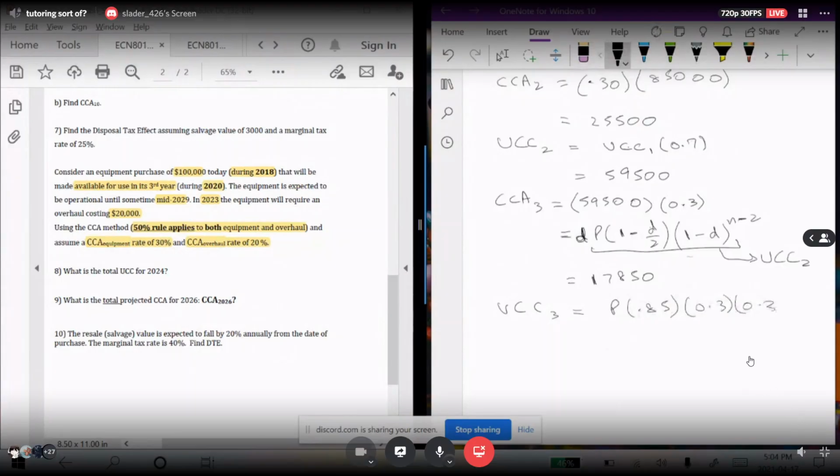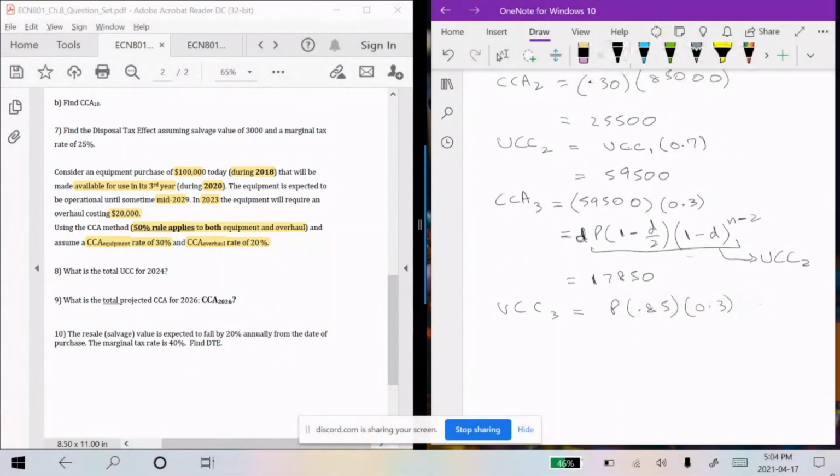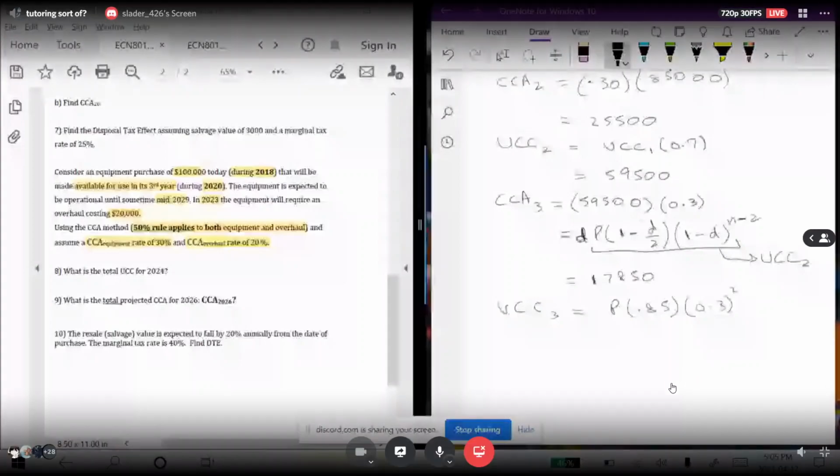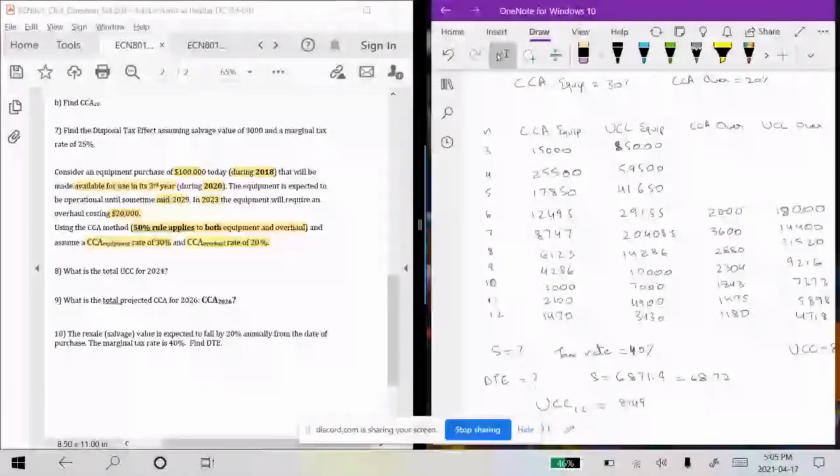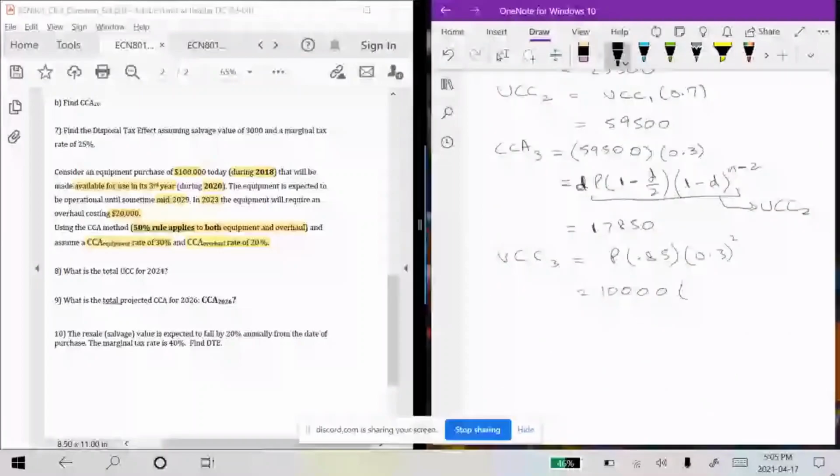Instead of that, you can just square it, because in the first period it was 0.85, and then in the following two periods it's 0.3, so 0.3 squared. Right, my bad, it's 0.7 squared. So 0.85 times 0.7 squared.